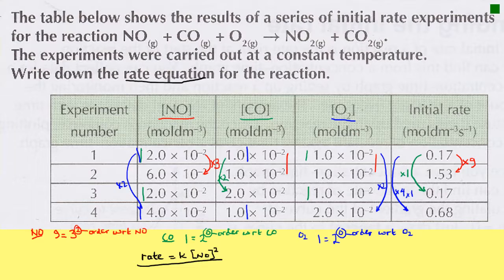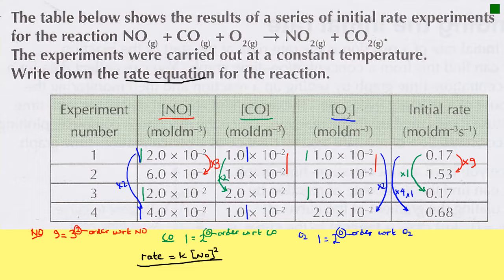Okay, so let's now have a look and see if we can find out the order of the reaction with respect to carbon monoxide. So what we would like is for the other concentrations to be the same. If we look at experiments 1 and 3, you can see that the concentrations of nitrogen monoxide are 2 and 2, they're the same, and the concentrations of oxygen are 1 and 1, they're the same.